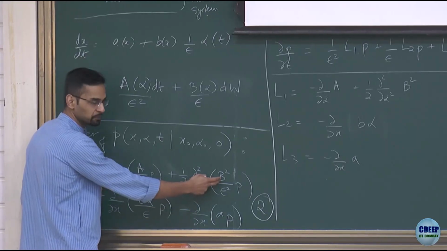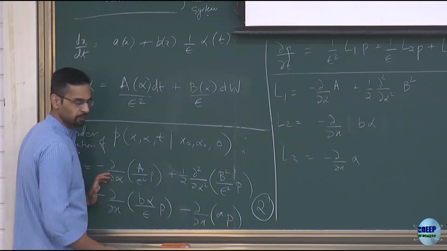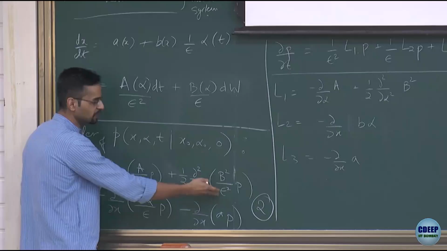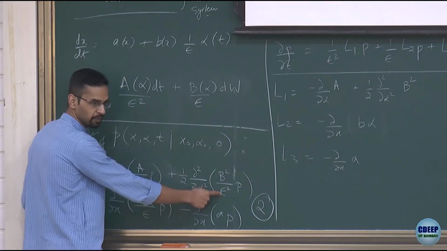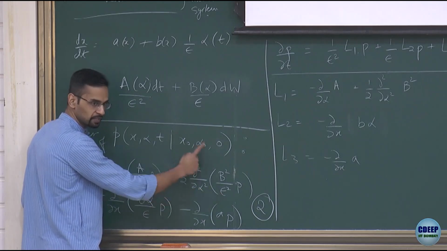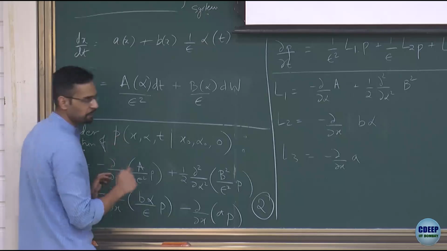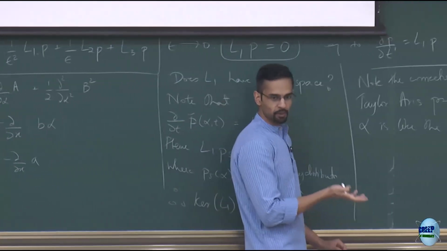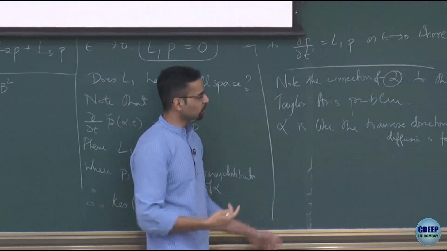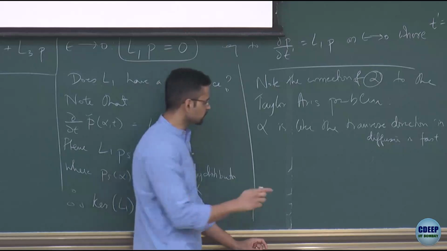So if B was space dependent, it would be nested in the derivatives, right? It's a different kind of diffusion operator, but nonetheless, you have diffusion in alpha, which is rapid because I have the 1 by epsilon squared. So it's fast diffusion in alpha. In addition, I have some kind of advection also. Fine. But I have fast dynamics in alpha, slow dynamics in X. That's like the Taylor-Harris problem where I had fast diffusion in R or whatever transverse direction you have, and slow advection in X. Okay, that's the first point.